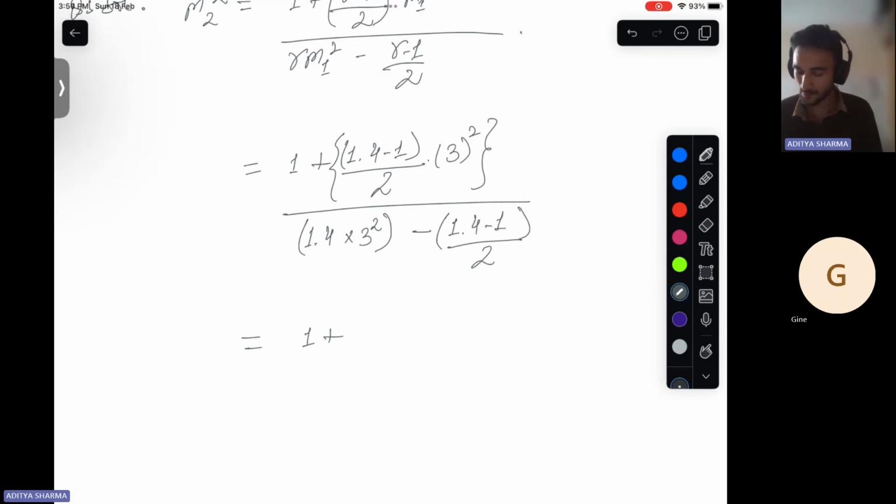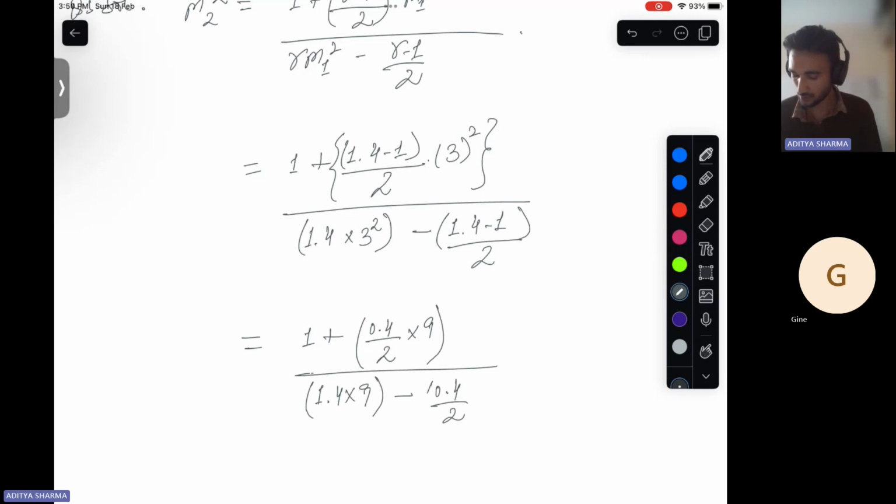So this becomes 0.4 divided by 2 into 9, over 1.4 into 9 minus 0.4 divided by 2.